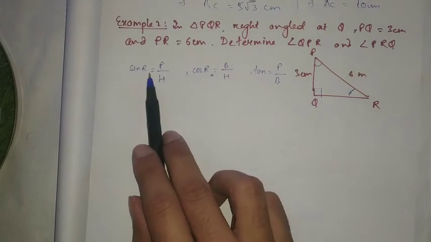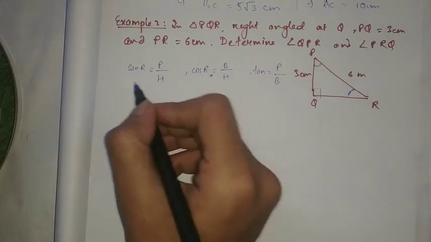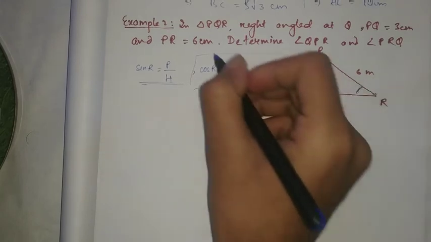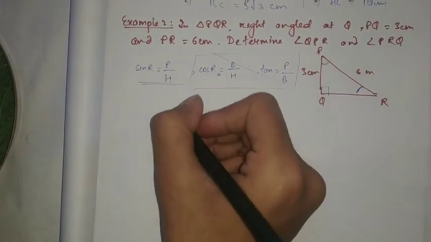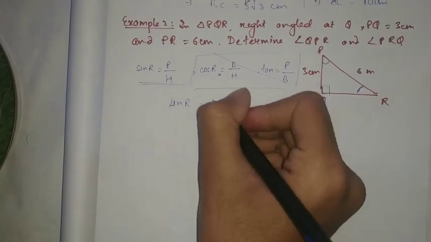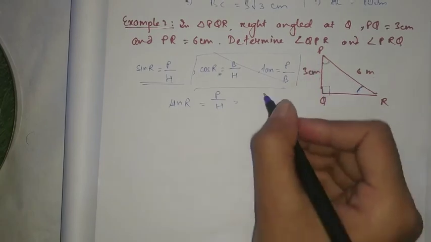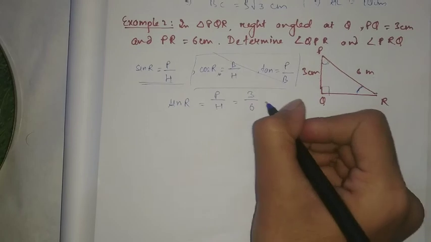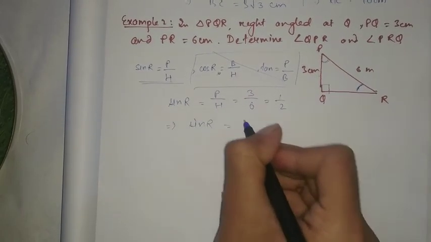So we can use this ratio to find the value of angle R. The other one is just for reference; you don't need it to solve. You see that sine of R is equal to perpendicular by hypotenuse, which is 3 cm by 6 cm, so it becomes 1 by 2.